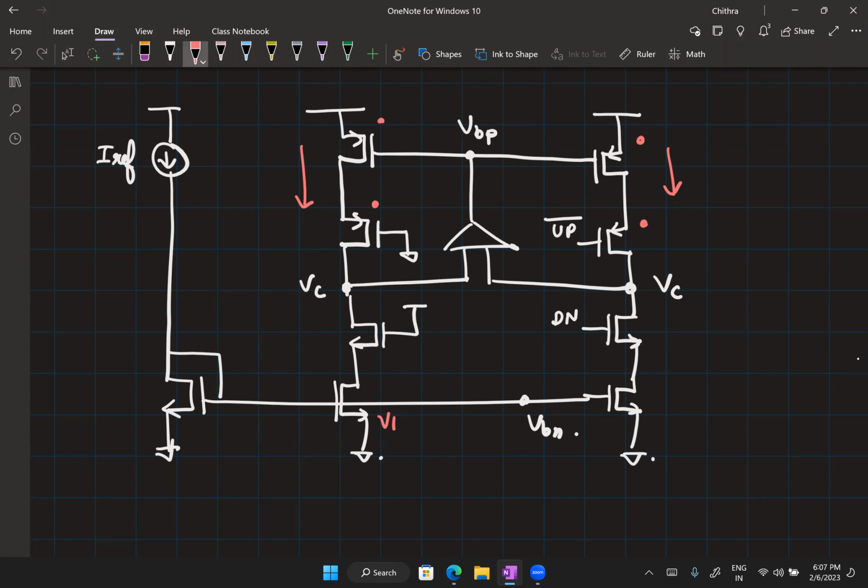What if this transistor had VTH1 and this had VTH2, where VTH1 is not equal to VTH2? Then the current mirroring will not be exact, right? So this is a problem throughout. Similarly, these two transistors need not have similar properties. The up PMOS transistors also need not have similar properties. If this happens, then we will have a current mismatch.